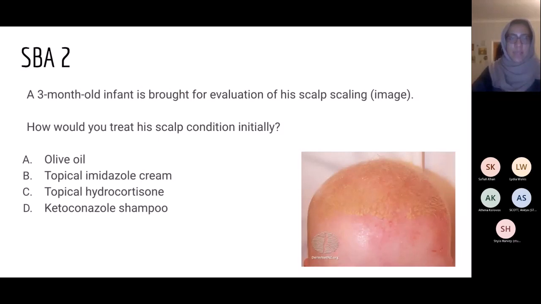Right, next SBA. A 3-month-old infant is brought for evaluation of his scalp scaling. How would you treat his scalp condition initially?